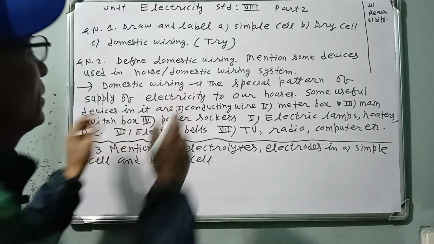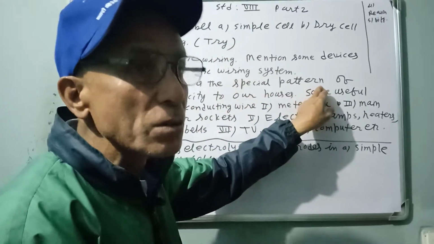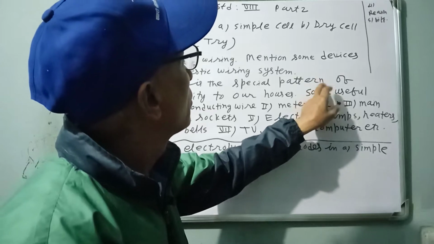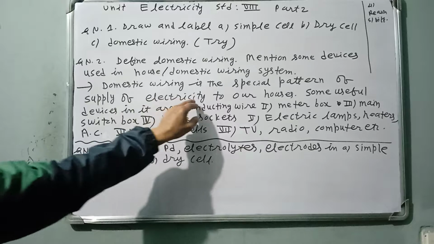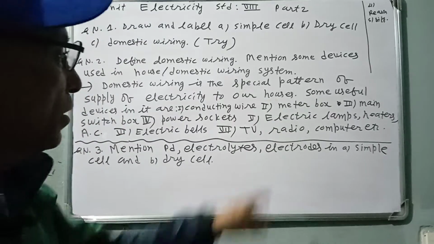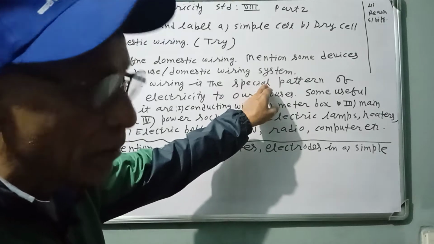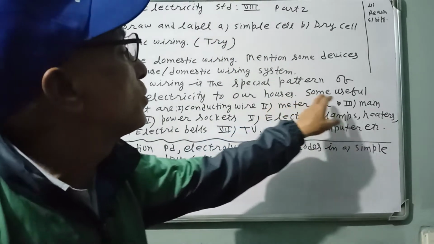Domestic wiring is a special pattern of supply of electricity to our houses. You might have seen a transformer, you might have seen wires, they are very useful.